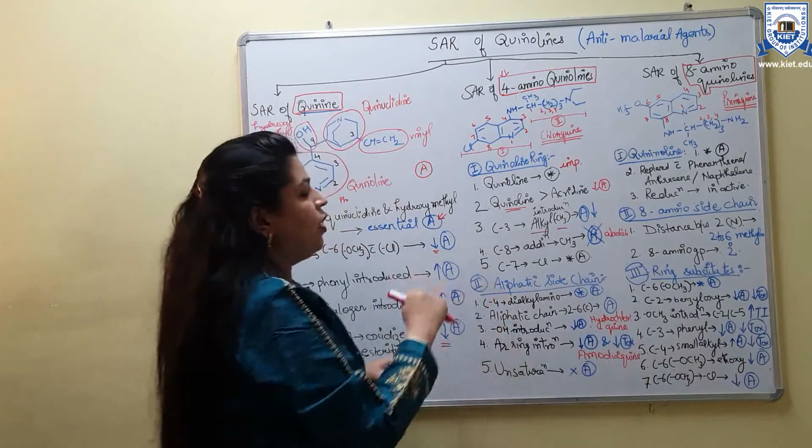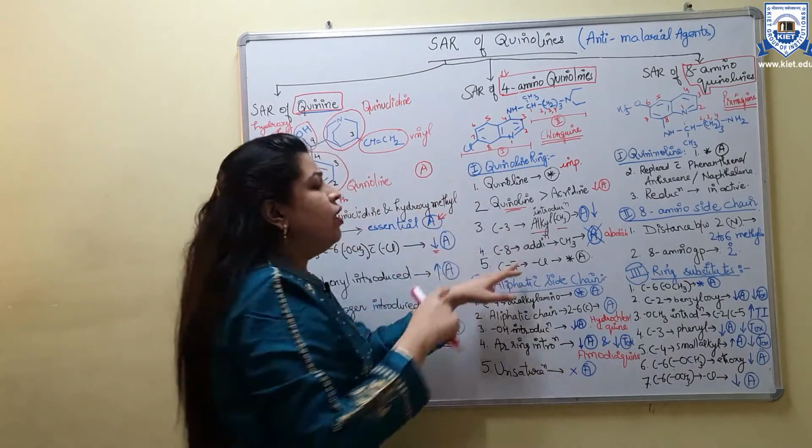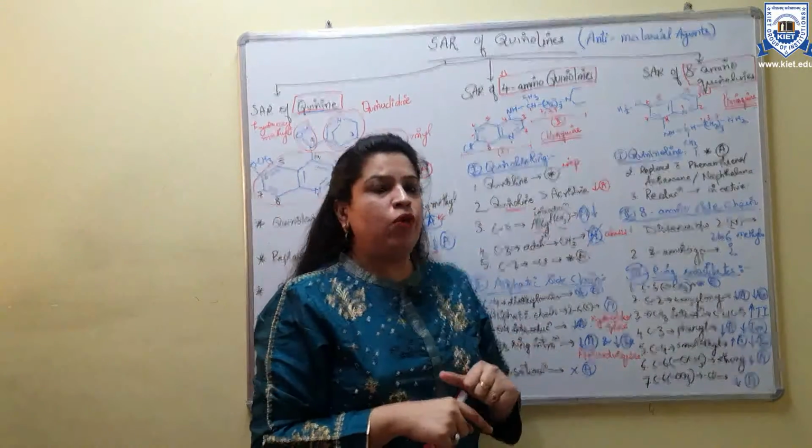Now at the fifth point, the chloro at C7 is very important for the activity of 4-aminoquinolines.